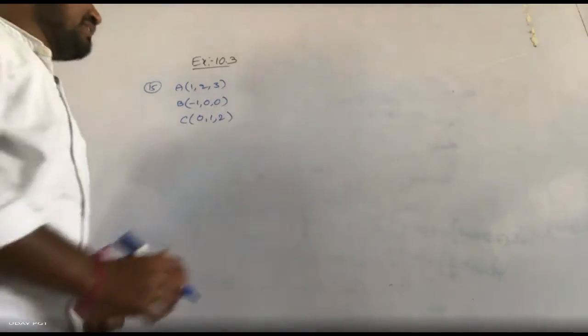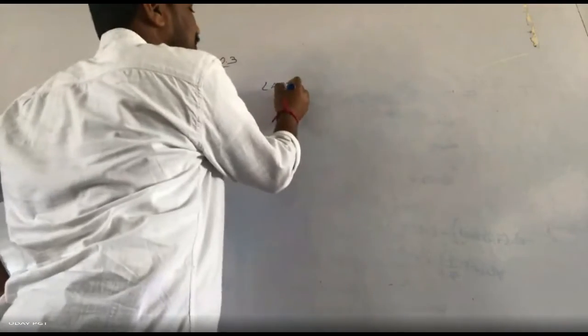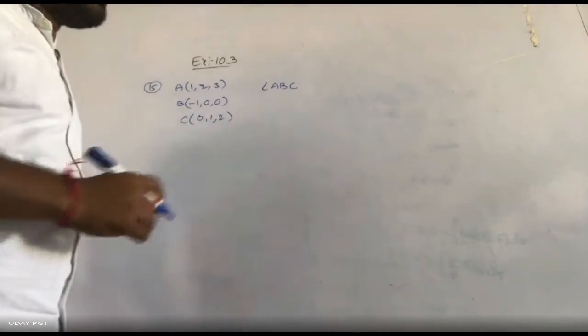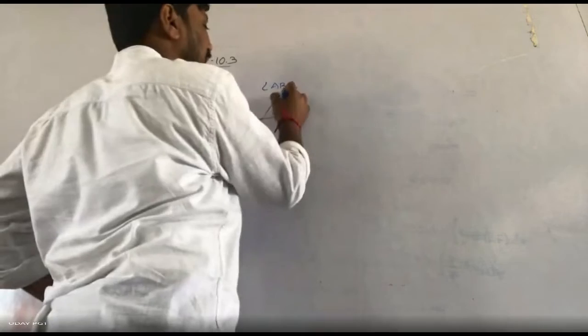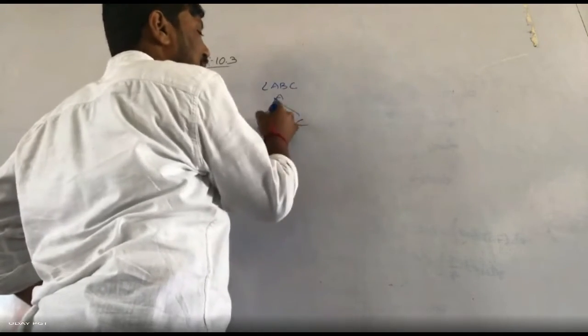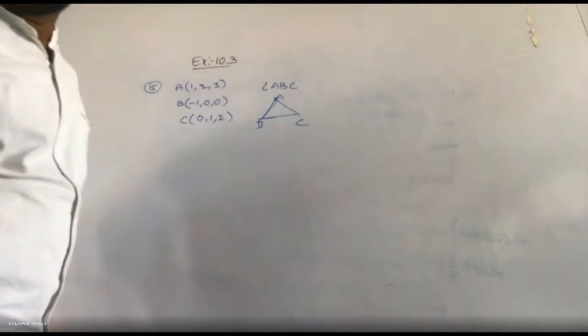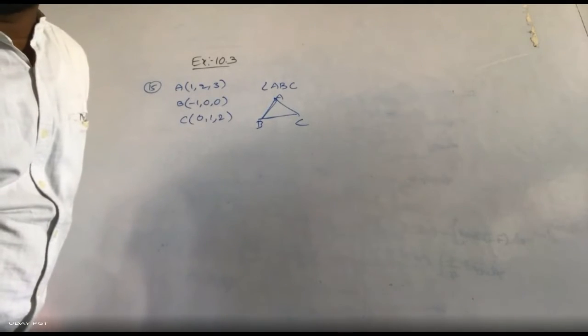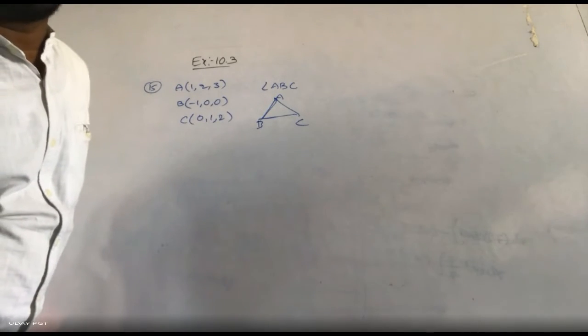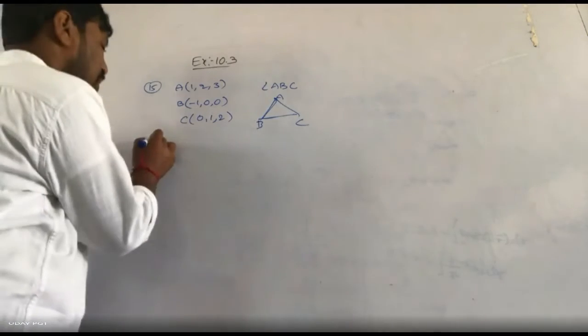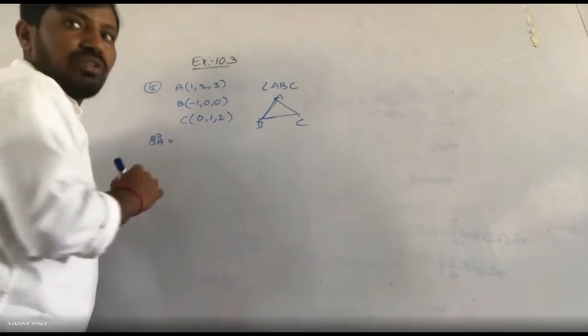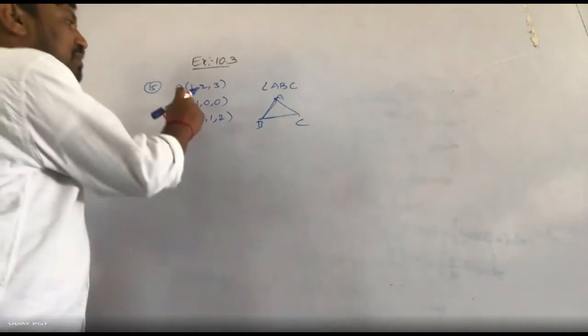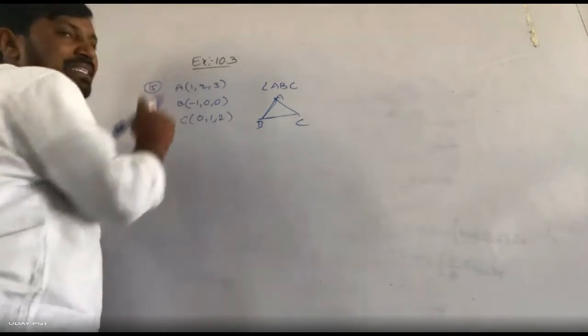Find the angle ABC. Angle ABC is asking you to find out. Angle ABC is nothing but, if you take this as a triangle ABC, the angle between BA and BC you need to find out. So you find out the vector BA. BA vector is nothing but this one minus this.